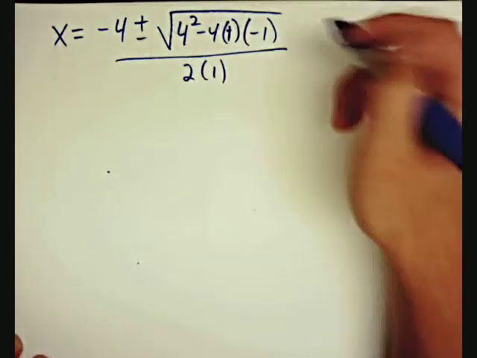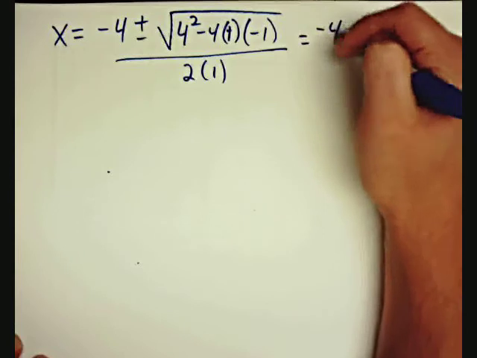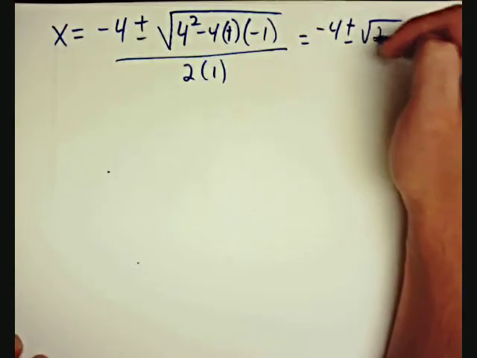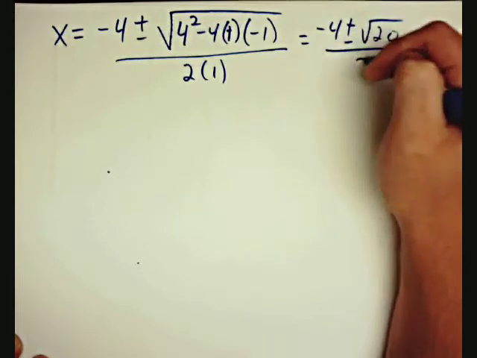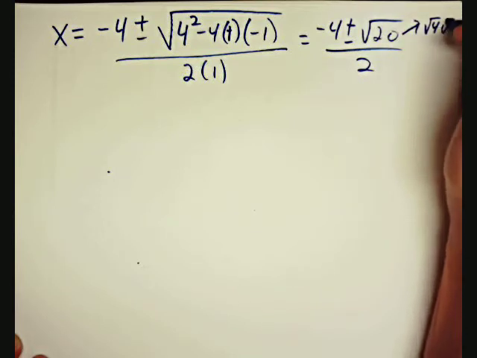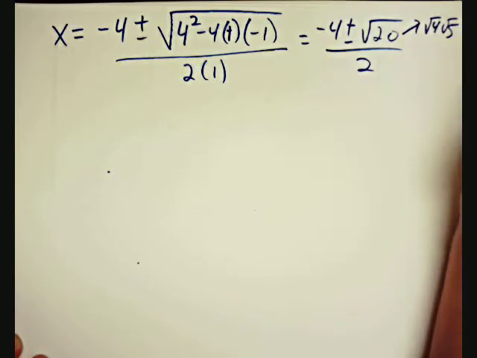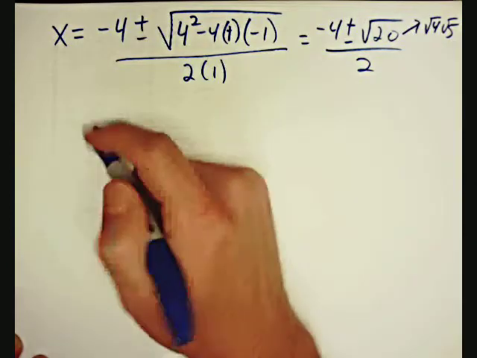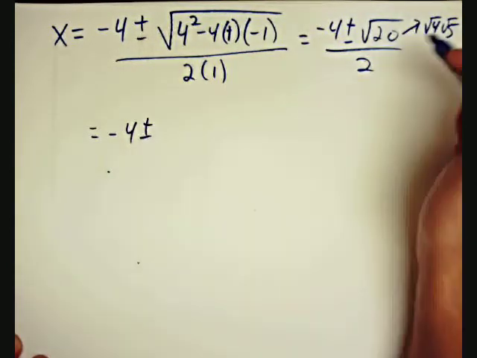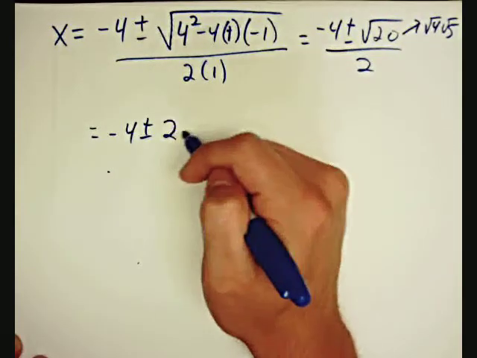Okay, underneath the square root, you'll have 16 plus 4, which is 20, all over 2. 20 is not a perfect square, but 20 you can think of as 4 times 5. Okay, so simplifying, negative 4 plus and minus, the square root of 4 is 2.